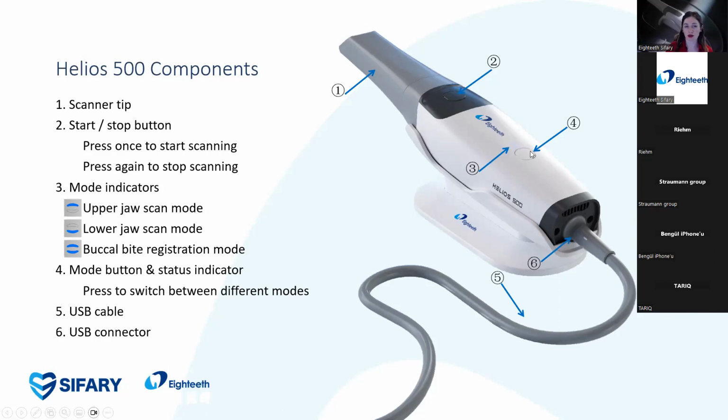On the fourth side, in order to change the jobs. For example, I completed scanning the upper job. Before touching my mouse, I can just click that and switch to the next job. So it's switching the mode indicators.